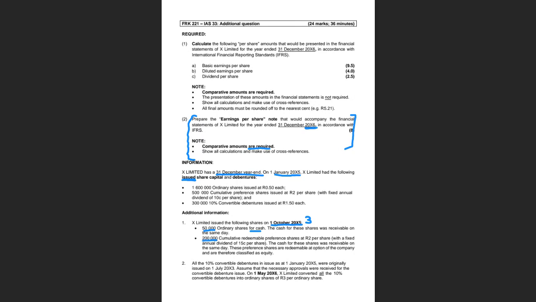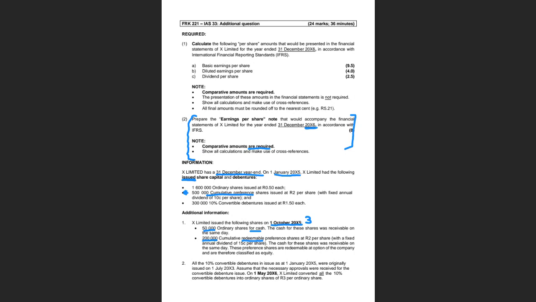Then we've got 200,000 cumulative redeemable preference shares. Now notice what's happened here. When we spoke about the cumulative preference shares up here, there was no "redeemable" in the name.